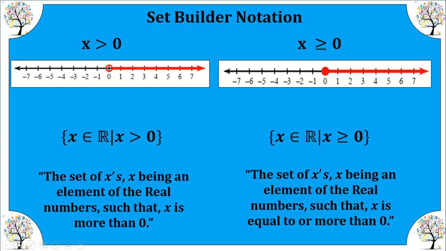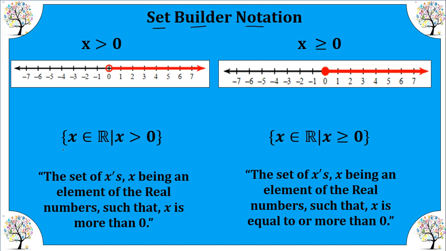So let's take a look at some new notation. Now, we all know how to use the notation x is greater than 0 or x is greater or equal to 0. But let's take a look at the new notation here. So this is called set builder notation, and it looks a little complicated, but once you get used to it, it's quite easy. So let's read this.